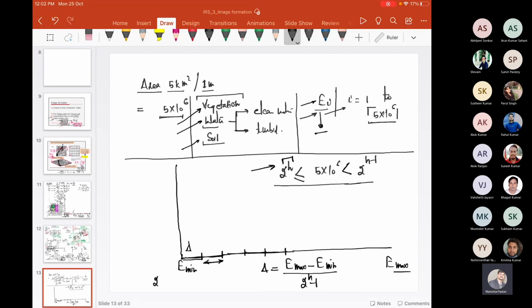That is, 2 to the power n minus 1 is equal to E max minus E min divided by delta. Delta means how much difference you want to keep to assign the same number. So on the basis of delta, you determine how many bits are required.